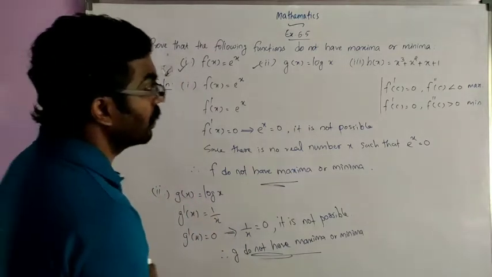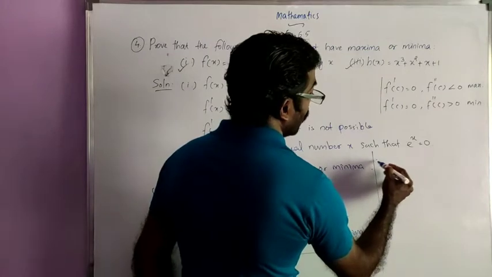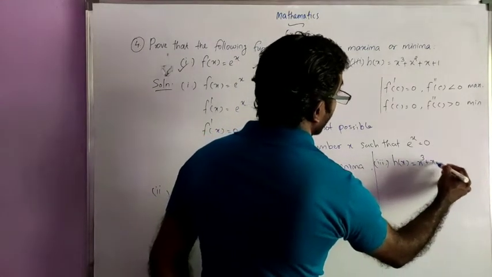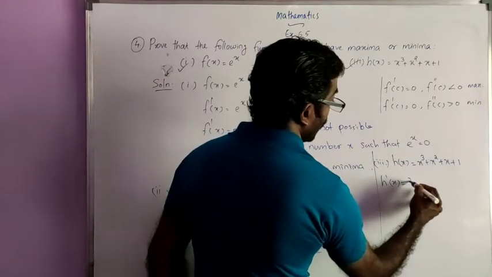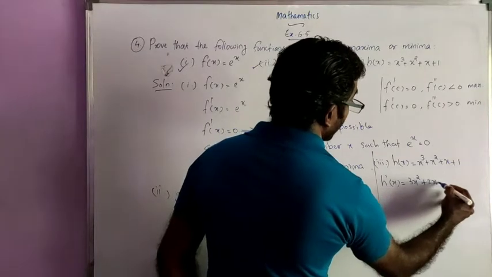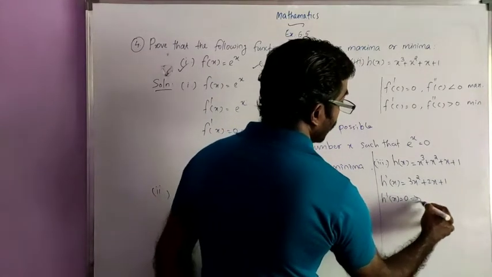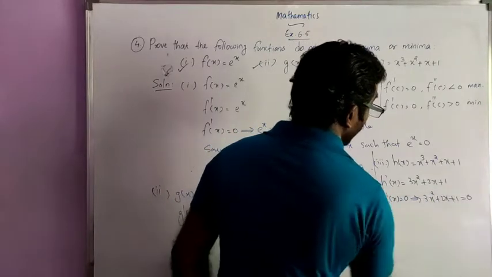Okay. And what about the third one? H of x is equal to, say, polynomial function x cube plus x square plus x plus 1. H dash of x equal to what? 3x square plus 2x plus 1. H dash of x equal to 0 implies 3x square plus 2x plus 1 is equal to 0.